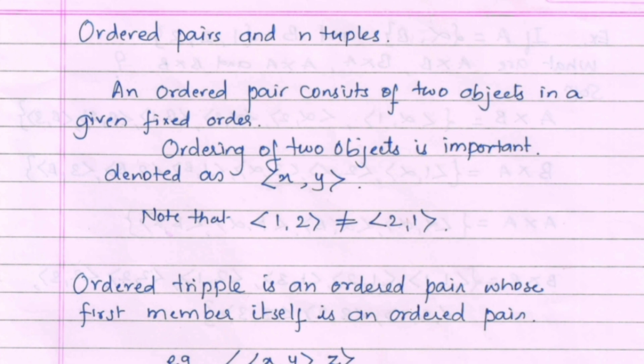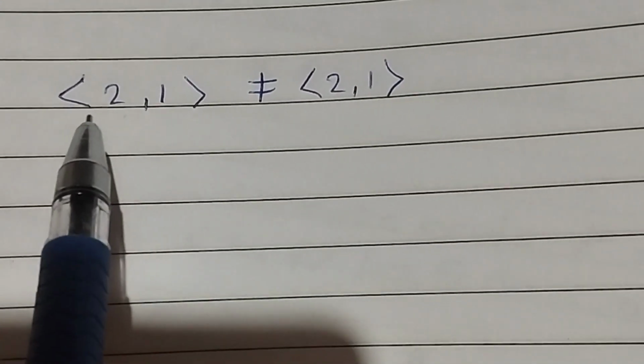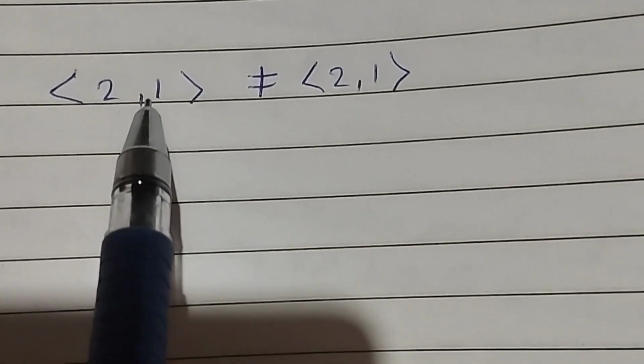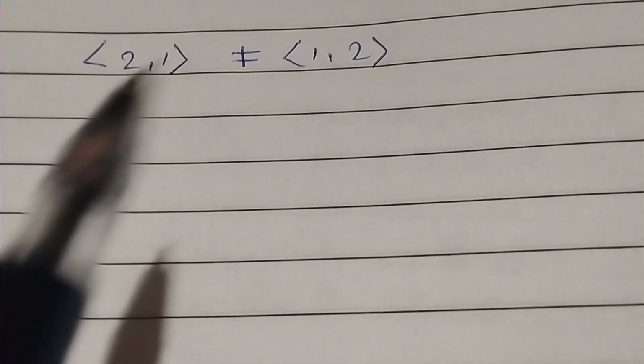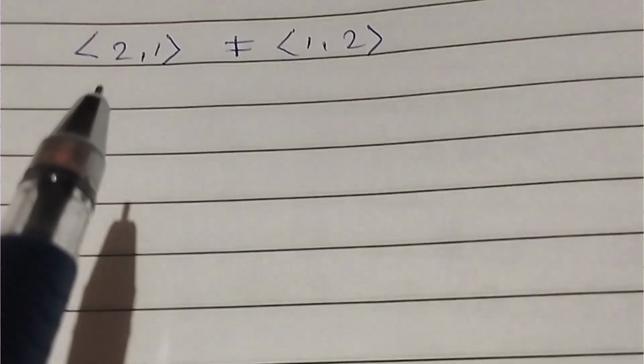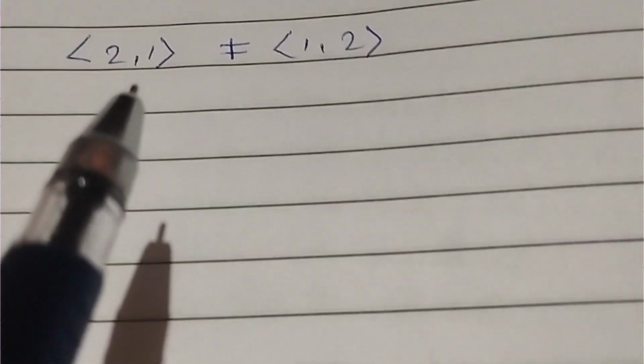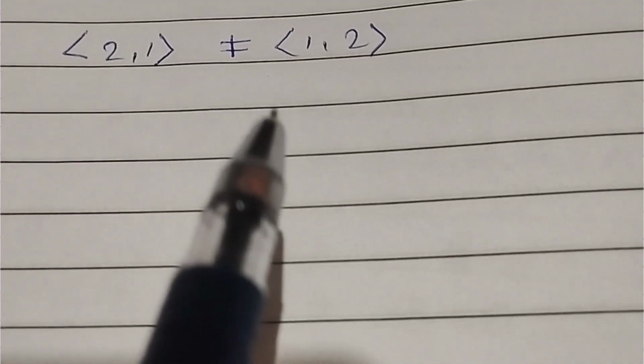An ordered pair consists of two objects in a given fixed order. The ordering of the two objects is important, and it is denoted by writing the members between angle brackets, X and Y. Now 2 and 1 is not equal to 1 and 2 because of the definition given here: an ordered pair consists of two objects in a fixed order.